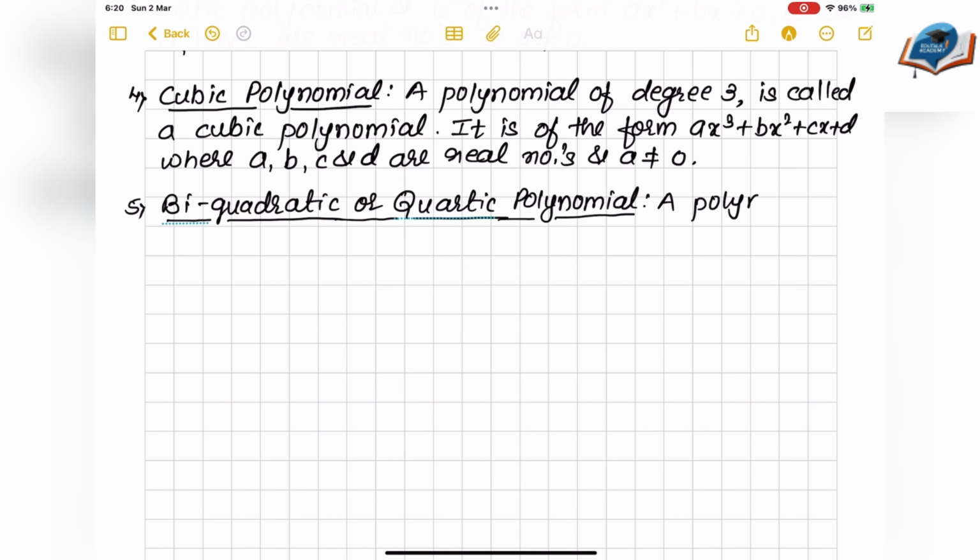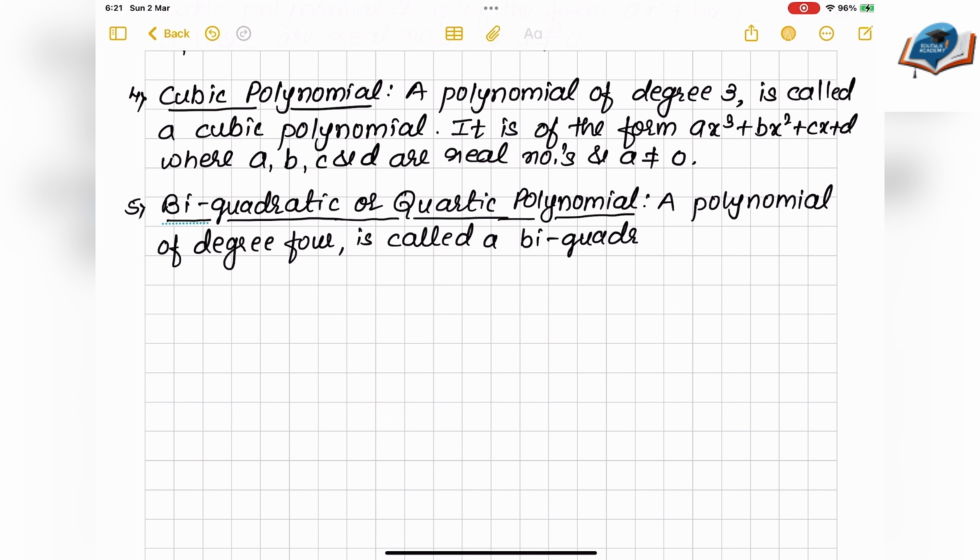A polynomial of degree 4 is called a biquadratic or quartic polynomial.